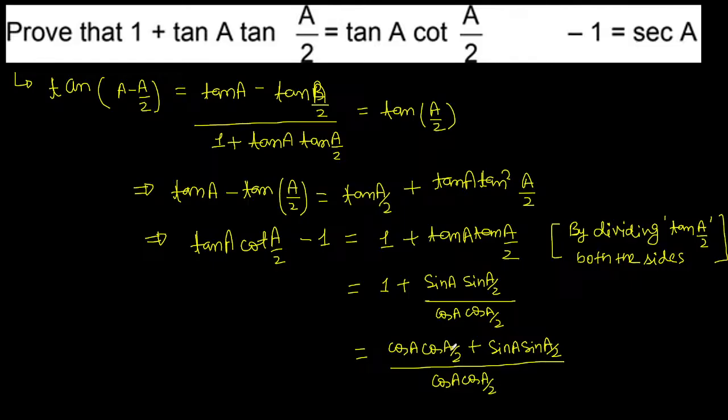This is cos a cos b plus sin a sin b, which is nothing but cos(a minus b), which is cos a by 2, upon cos a by 2, which is going to be sec a. Okay, we got the answer. We got both the proofs.